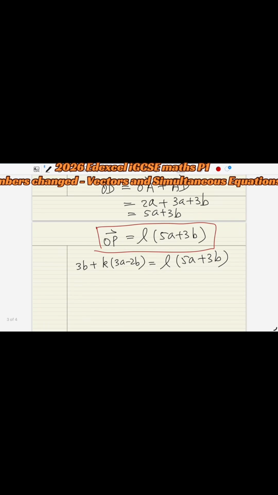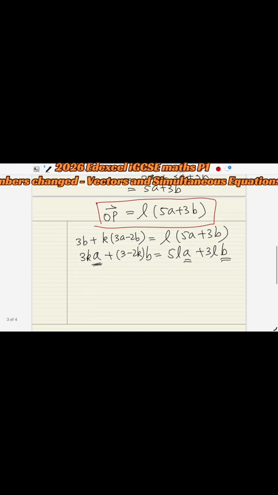If we rearrange according to a and b, the left-hand side is 3ka plus (3 minus 2k)b, and the right-hand side is 5la plus 3lb. a and b are just direction vectors. Since they are the same, their coefficients need to be the same, which implies a simultaneous equation.